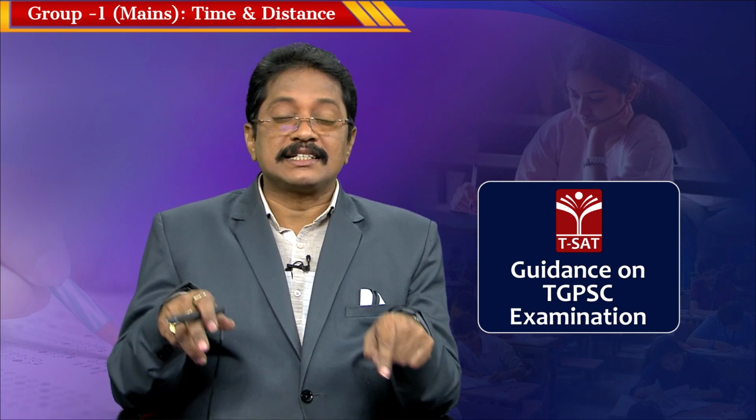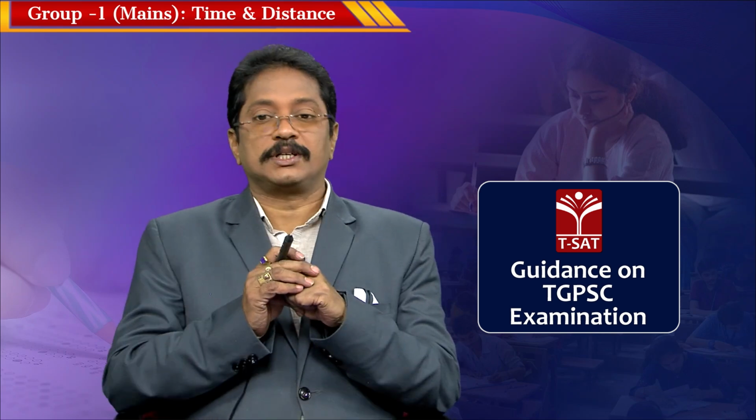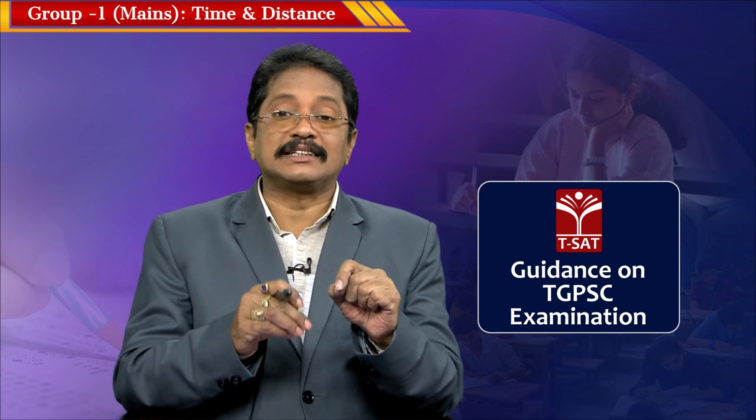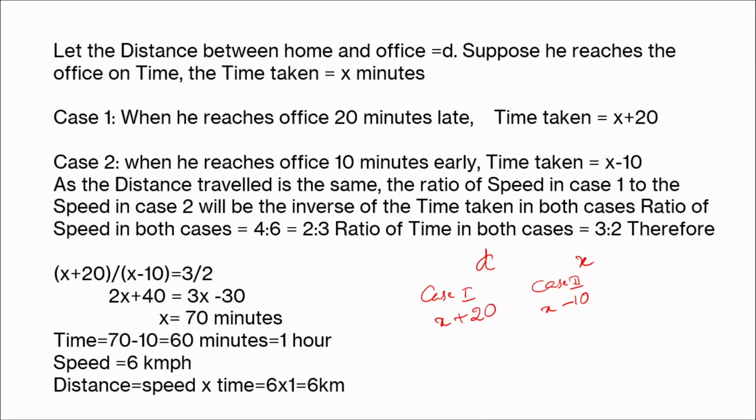Speed decreases, time increases. That means it is inversely proportional. So, we have to find the ratio between the speeds. First one is 4 km per hour, second one is 6 km per hour. The ratio is 4:6, which is 2:3.